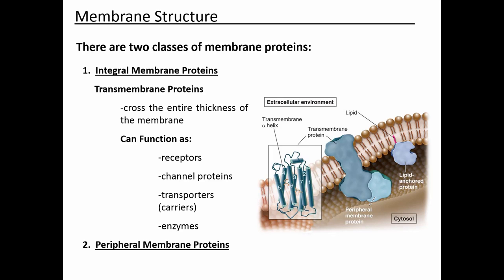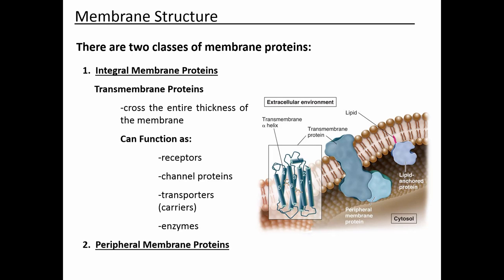Peripheral membrane proteins can also be associated with the hydrophilic heads of the phospholipid molecules. There's not much you need to know about peripheral membrane proteins. We're not going to talk about any specific ones or their specific functions.